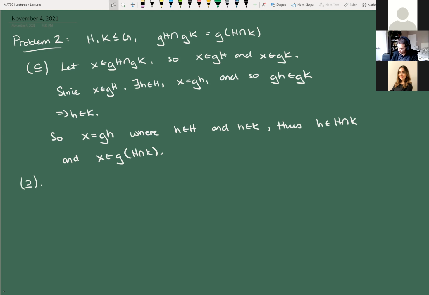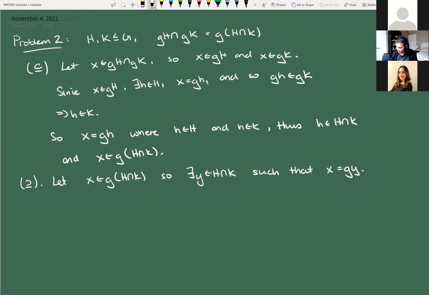I think the other direction is easier. In some sense, it's trivial. Let X be in g times (H intersect K). So there exists, we need to give it a different name, let's call it y, some element in H intersect K such that X equals gy.